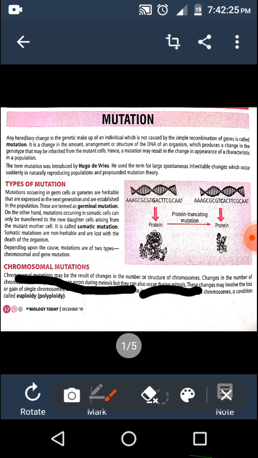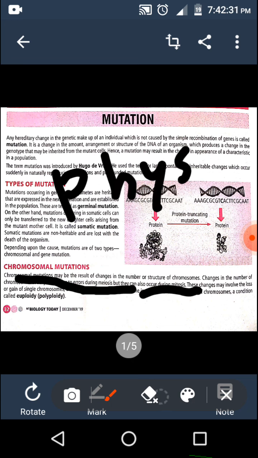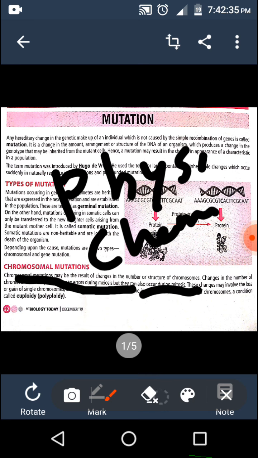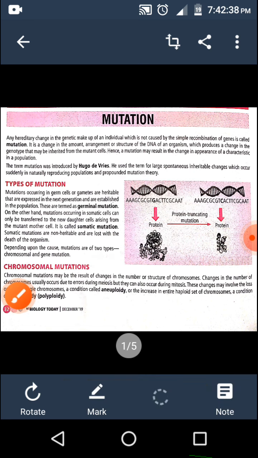The mutagens are classified into physical mutagens and chemical mutagens. The physical mutagens may be radiations, like ionizing radiations and non-ionizing radiations.